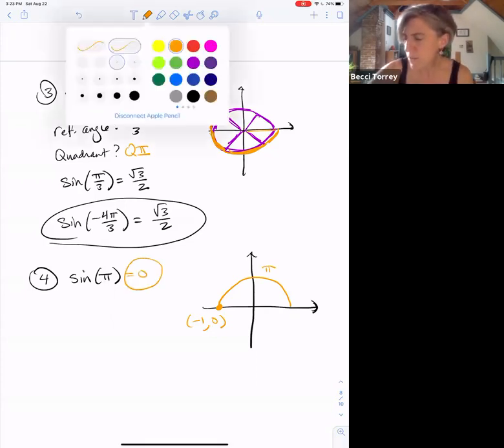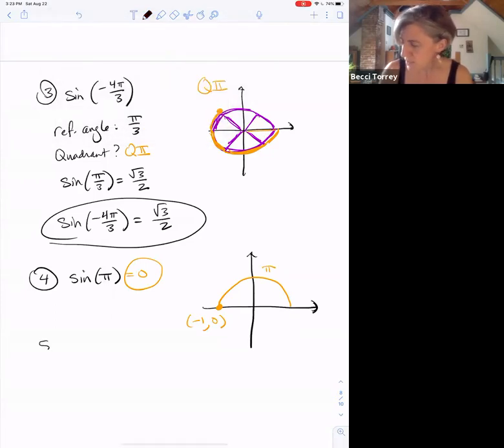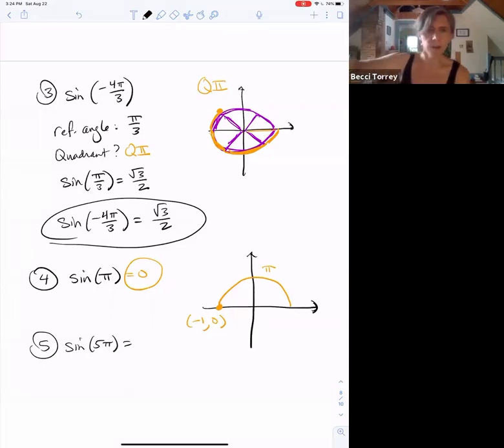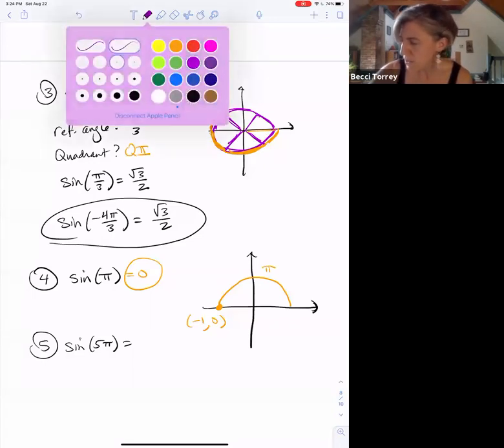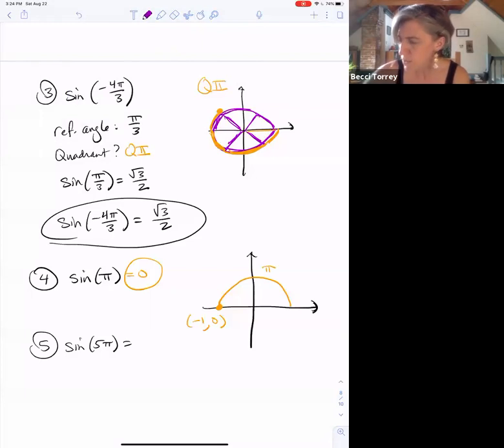Similar, but a little bit tricky too, is sine of something like 5 pi. Here you've got an angle that's bigger than 2 pi, so you're going to end up going around the circle more than once.